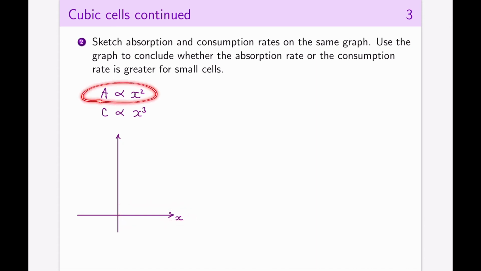Absorption is quadratic, which means it has a parabola shape of x squared, and I'm trying to be as symmetric here as possible. So this is my absorption. Next up is consumption, which is a cube. Remember that near the origin, the smaller power dominates, which means that the larger power, the cube, has to be below the smaller power, absorption being the square.